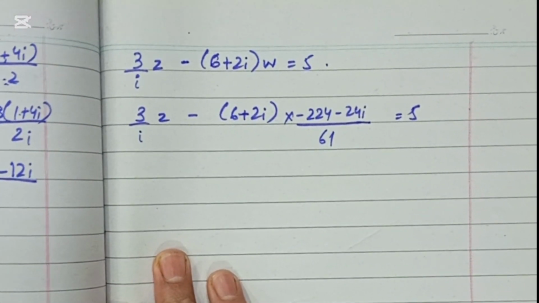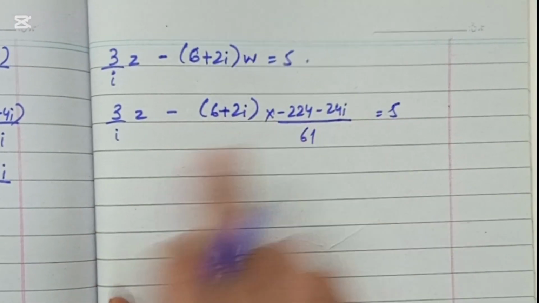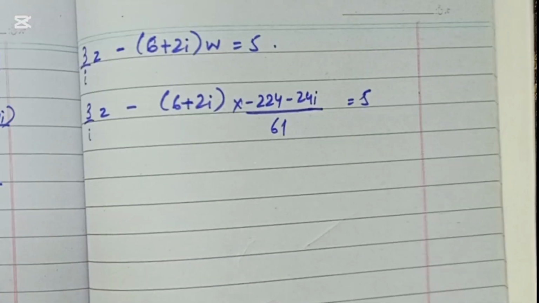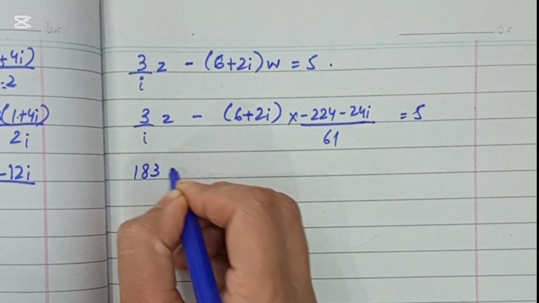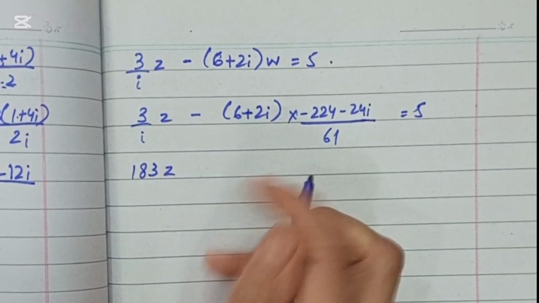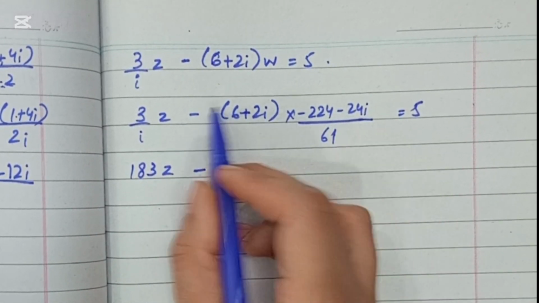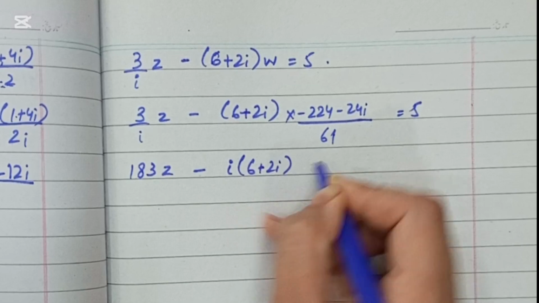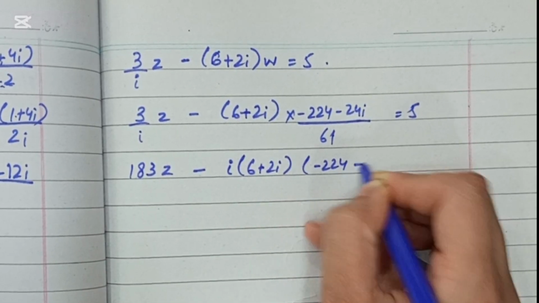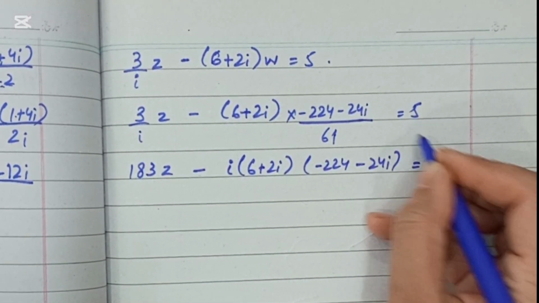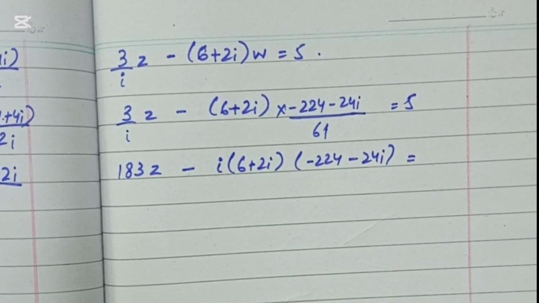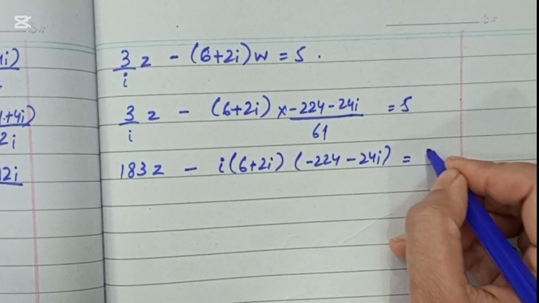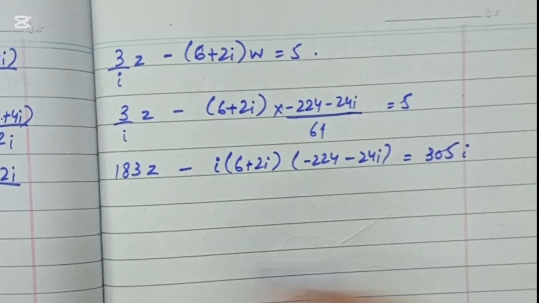Okay, now we will multiply this whole equation with 61 iota. 61 multiplied by 3 is 183. Iota will be cancelled with iota. Here 61 will be cancelled with 61, we will be left with iota only. And here we will multiply 61 multiplied by 5, and this is 305 iota.